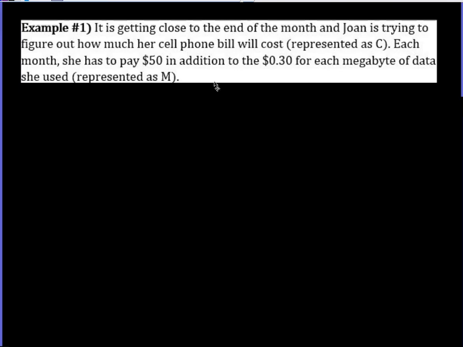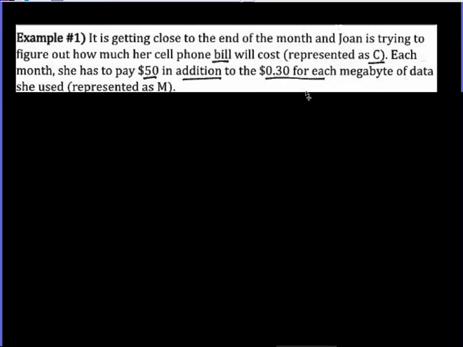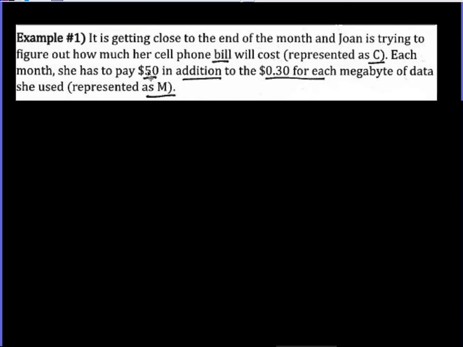One of the ways you can help set this up is by actively reading. So it's either highlighting or maybe even underlining different parts that are specific to this problem. So as I went through, I said, hey, I'm looking for the bill, and that's going to be represented as C. And so that's two things I underline.